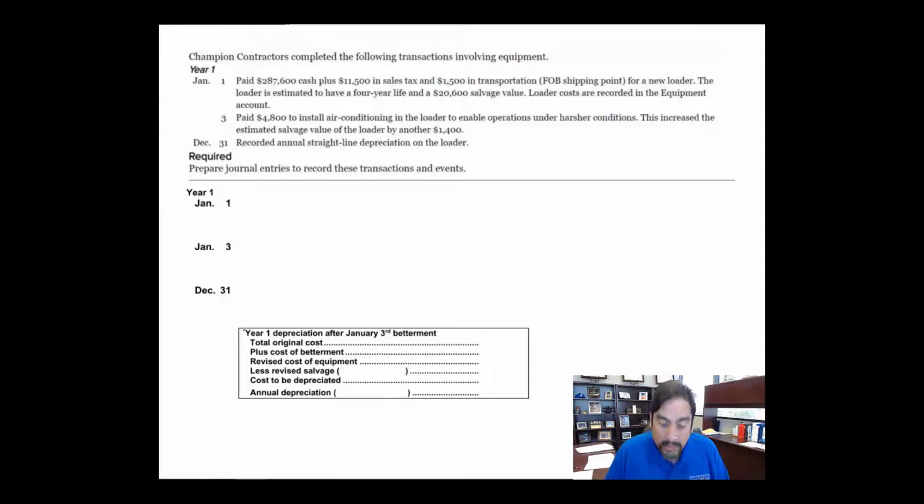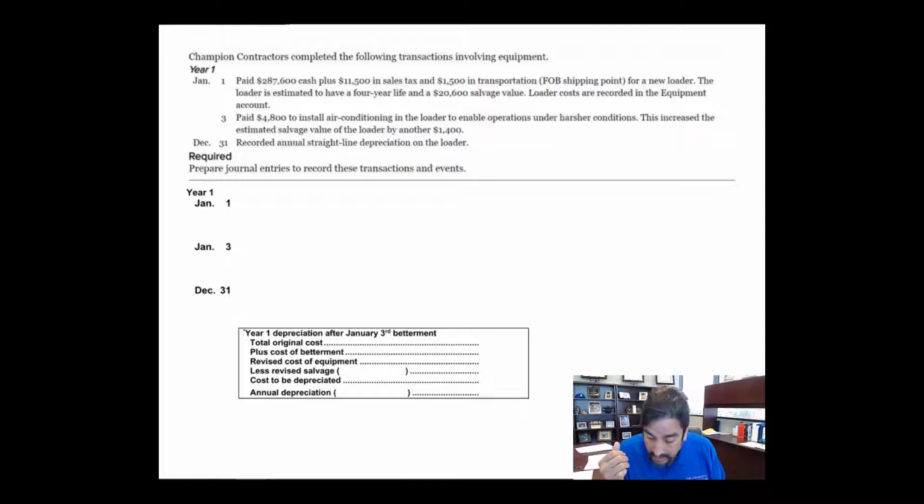We completed the following transactions involving equipment. On the first, we paid $287,600 cash plus sales tax plus transportation. It was FOB shipping. That means it became ours at the point of shipping. It was our responsibility to get it to our place of business.